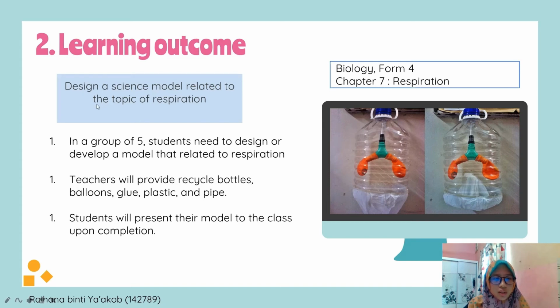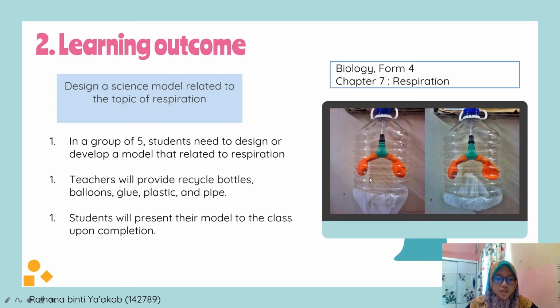During the model planning, in a group of 5, students need to design or develop a model related to respiration. Teachers will provide recycled bottles, balloons, glue, plastic, and pipe. Students will present their model to the class upon completion.